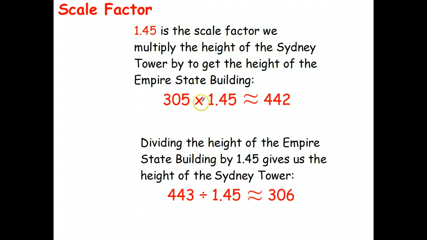And the way you know to multiply is because the Empire State Building is taller, you want that number to be bigger than that one. If you know the height of the Empire State Building is 443 meters and you're trying to find the height of the Sydney Tower, well, you want that to be smaller than that, so you have to divide by 1.45. So pretty much it's just a matter of thinking about it and deciding whether you're going to multiply by the scale factor or divide by the scale factor.